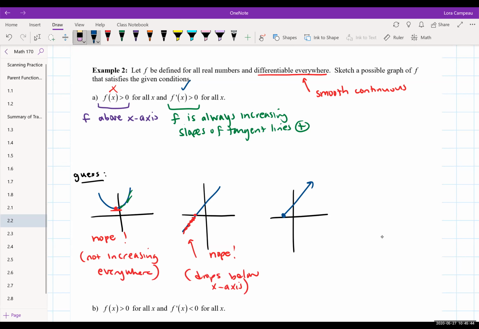And I can say, okay, are we always above the x-axis? Yes, at all times. Are we increasing for all values of x? Well, we're increasing, we're always positive, we don't drop below the x-axis, but then we run into the case of for all x. Darn it, we're almost there.